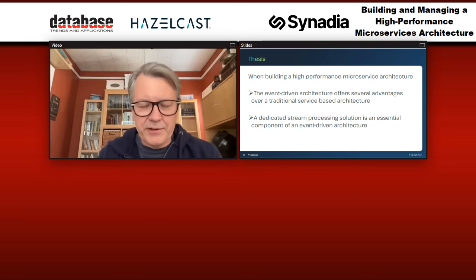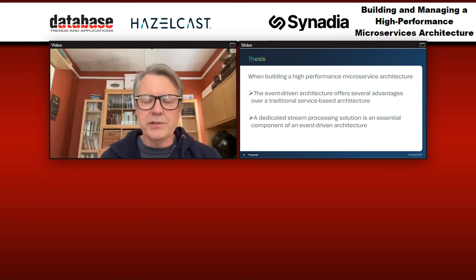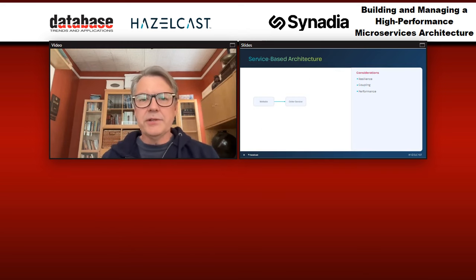And of course, it's going to be very fast, but hopefully we'll be able to get into more detail in the Q&A section. So with that, let's start the compare and contrast. I'm going to use the retail example because everybody knows that domain. It's very familiar.